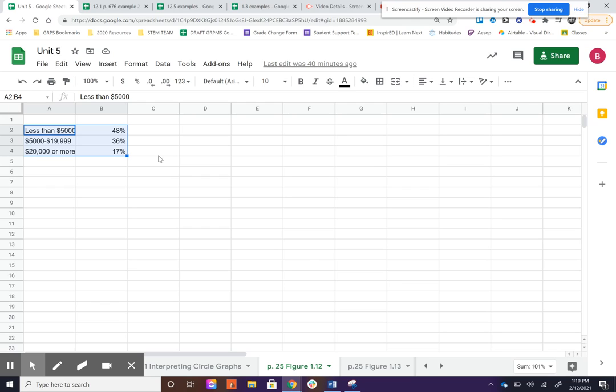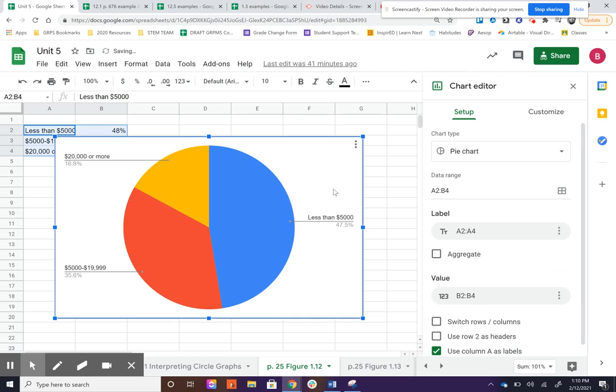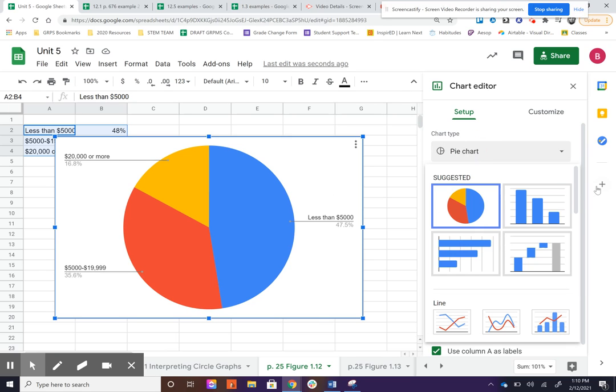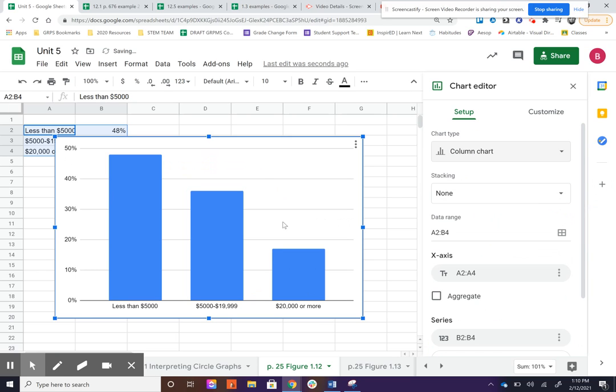So I already put in this information, and if I go to insert chart, we want a vertical bar graph, so a column chart. We're waiting for it to input that. And it gave us a circle chart, so let's change this to this. Okay, great.